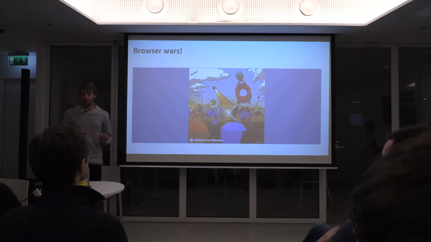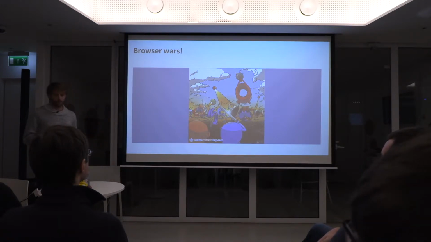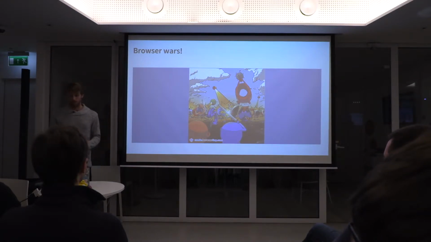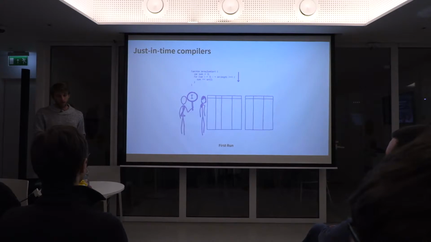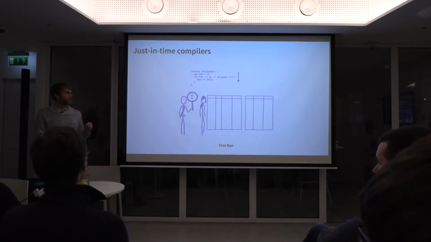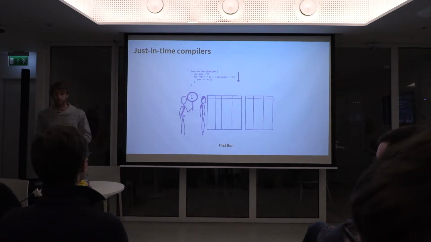One of the ways to do that meant making the code run faster in the browser. Then came the just-in-time compilers. All of the browser engines do it similarly, not exactly the same, but the concept of the just-in-time compiler lies beneath every one of those engines.